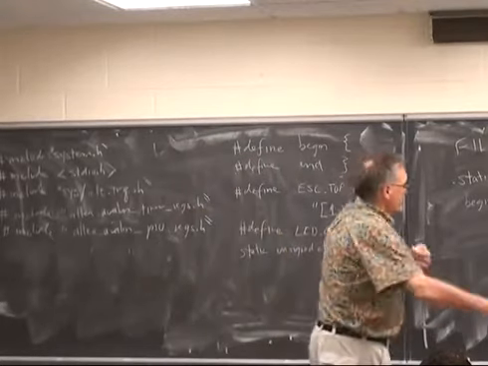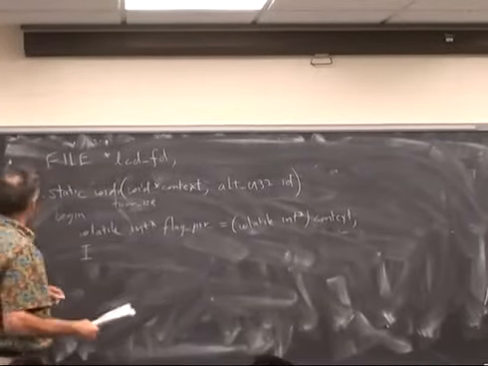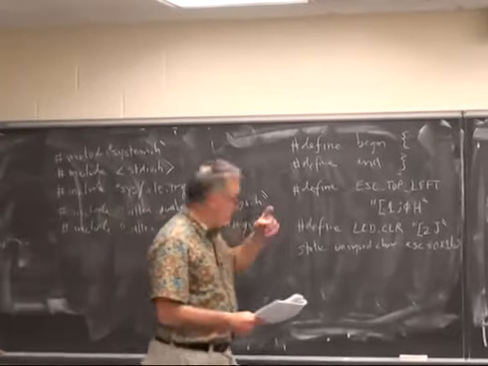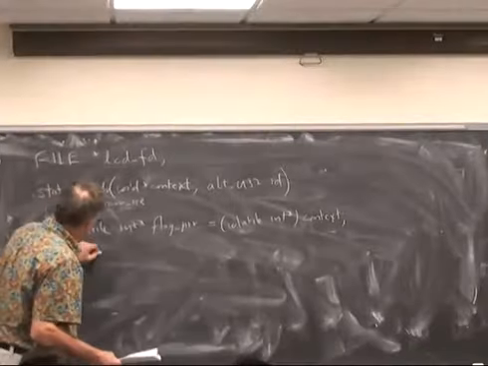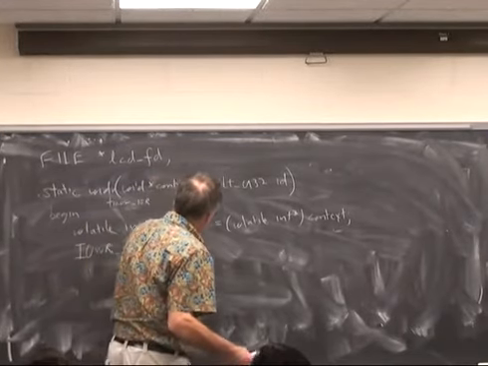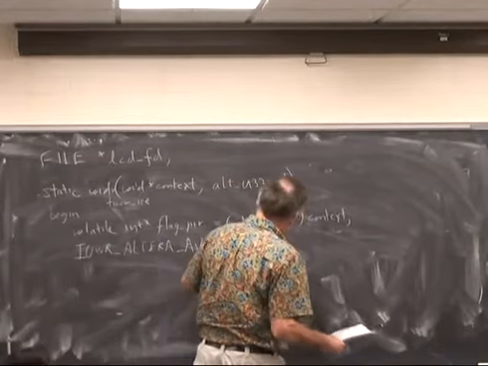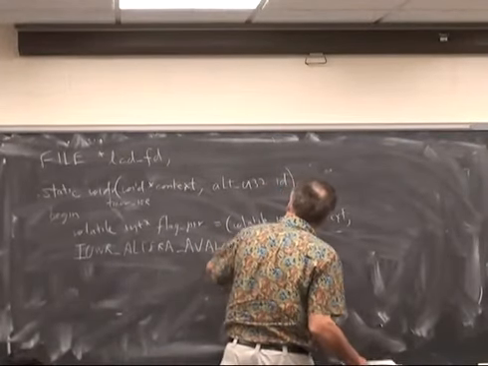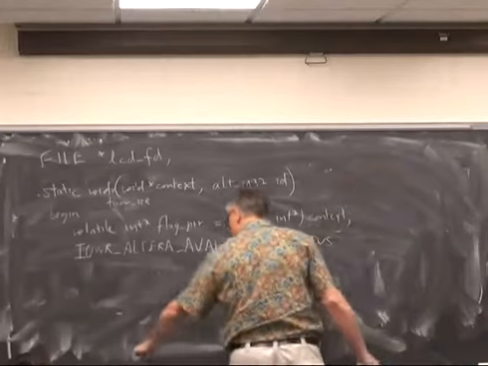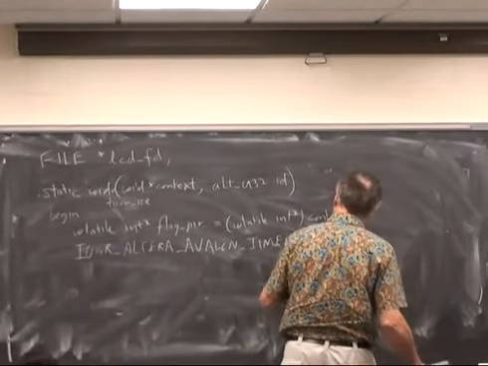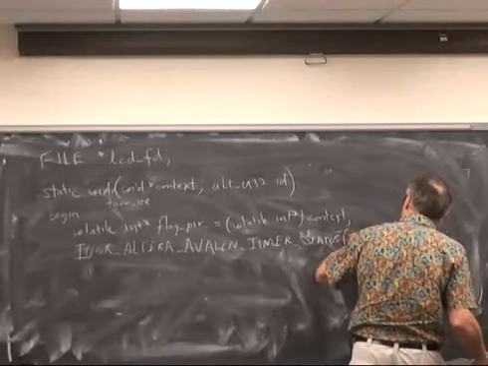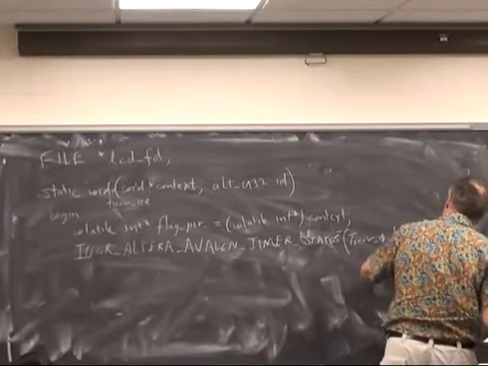So we can write this in one of two ways. Using the definitions from altera_avalon_timer_regs.h, we have IOWR_ALTERA_AVALON_TIMER_STATUS, timer 0 base, 0.